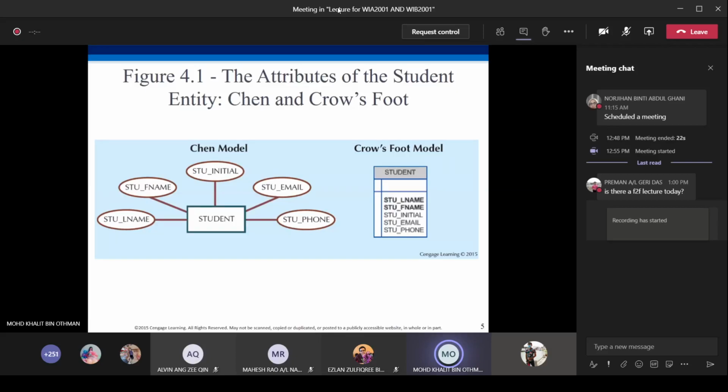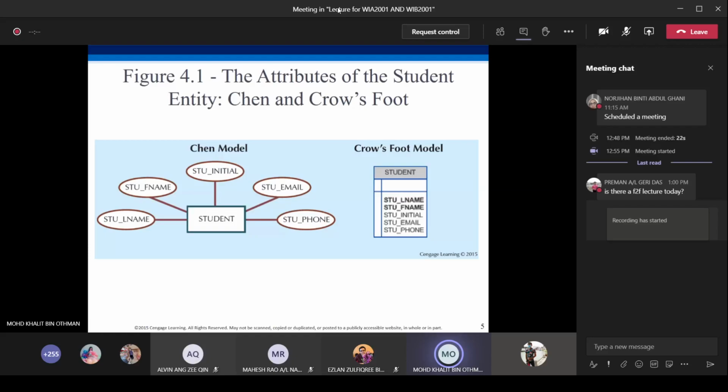For the entity student, we have several attributes: student last name, student first name, student initial, student email, and student phone number. Based on this model also, we can see the required attribute, an example of an optional attribute, and also an example of an identifier.